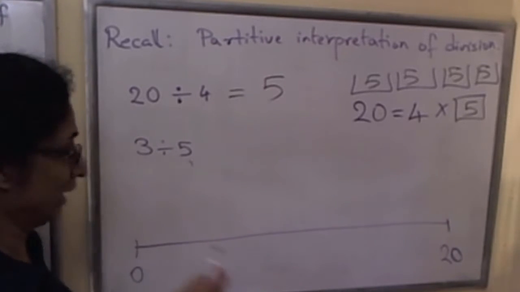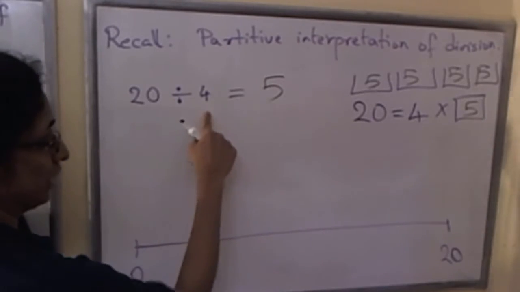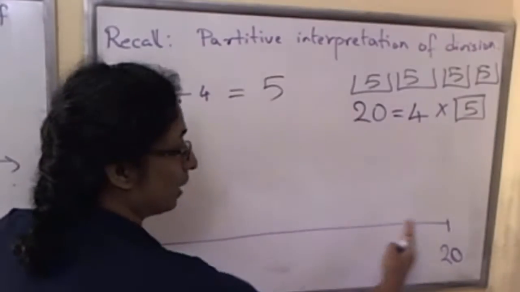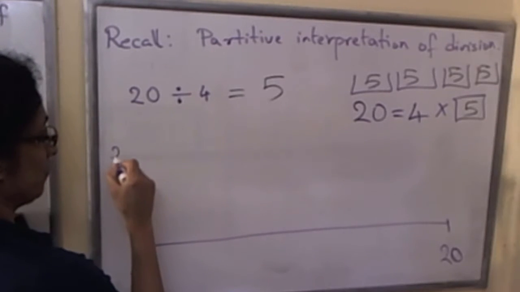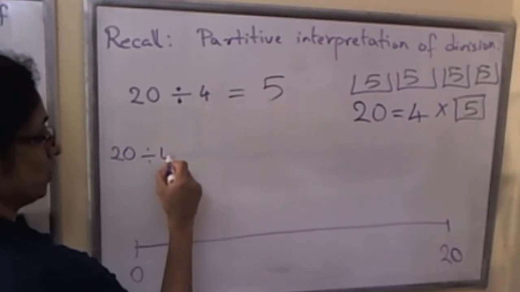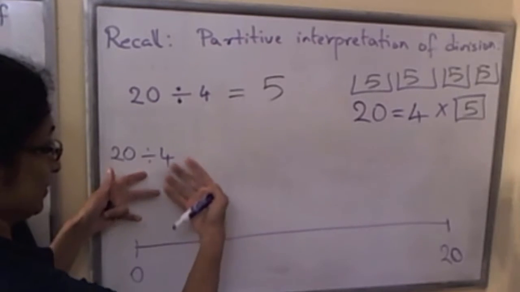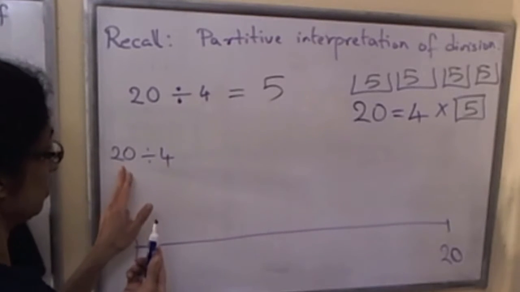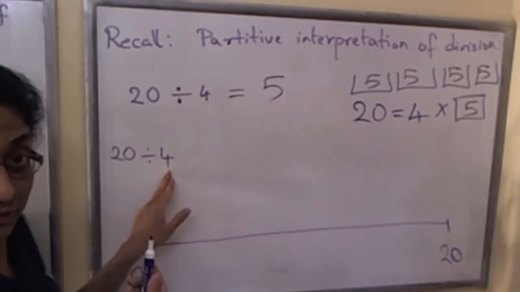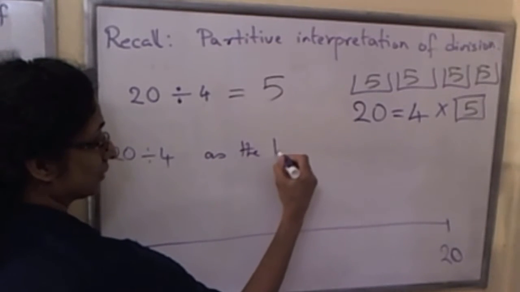In preparation for that, let's take a look at 20 divided by 4 on the number line. In other words, I would like to define 20 divided by 4 in the following manner and show you that this definition also yields the same answer. I would like you to now think of 20 divided by 4 as a length.